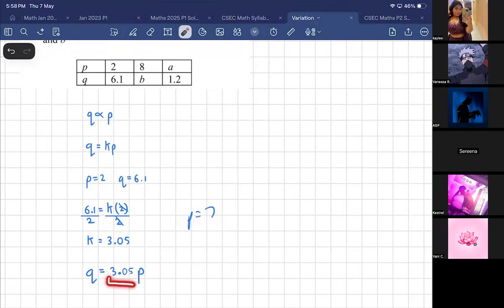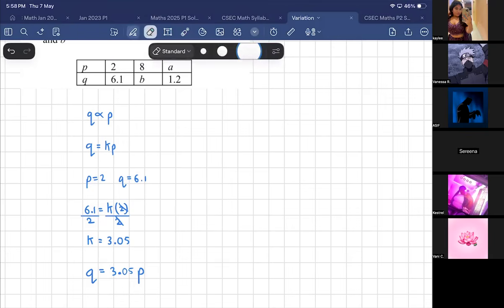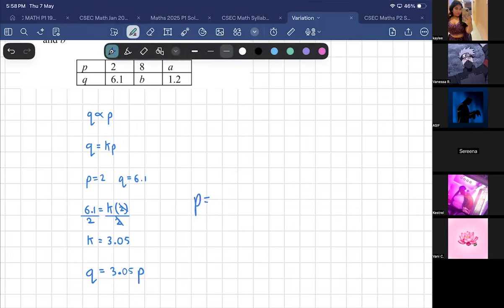Q is 3.05 multiplied by P, and I'm telling you that P is 7. So instead of writing P here, we write 7. I promise it's so much simpler than you think.